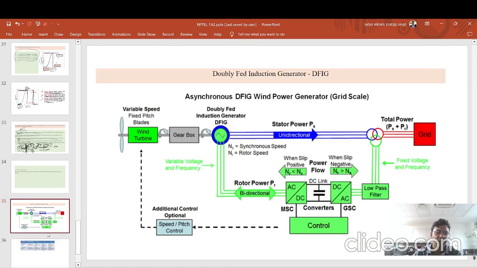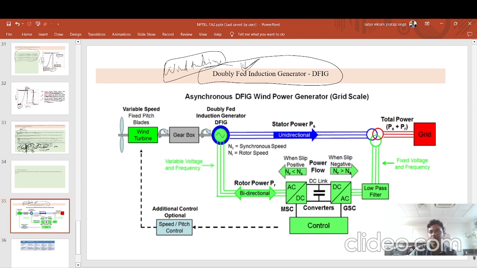Let's come to the last topic, the doubly fed induction generator. Why? Because there are many wind turbine based generation systems, but I am considering this because it has the most relevant application in the present scenario at higher power levels. If you see, this is the wind turbine fins, connected to the wind turbine, then there is a gearbox as I have shown, then connected to a stator, then rotor.